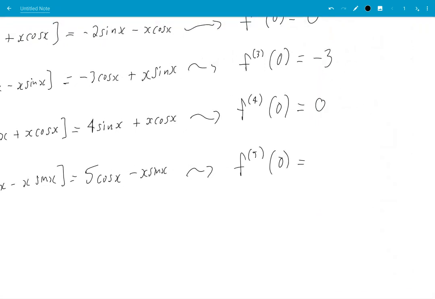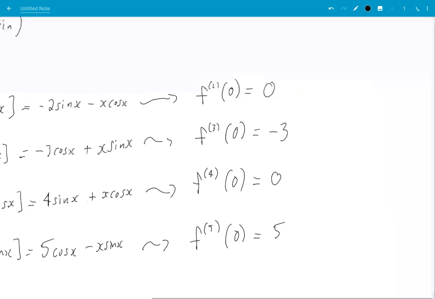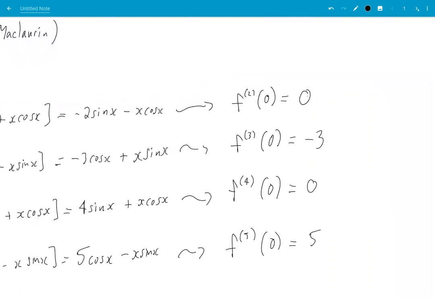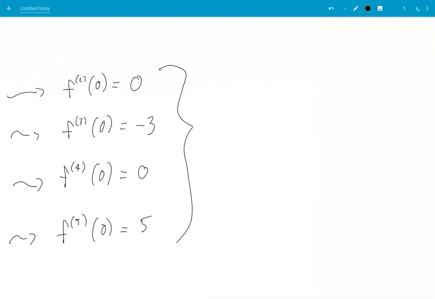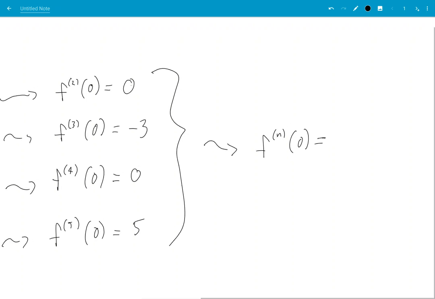So looking at these 4 data points, I deduce that the nth derivative with 0 plugged in is, well, that's going to be hard, because half of them are zeros here.